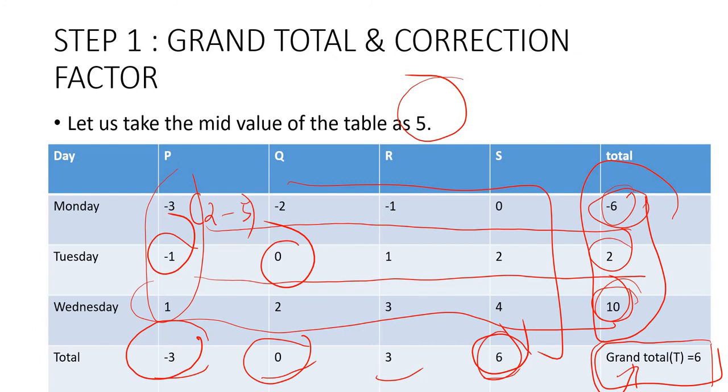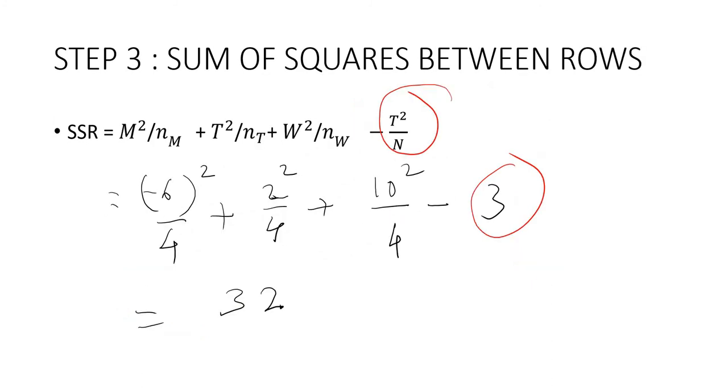In a day how many observations are coming? 1, 2, 3, 4. That's why Monday has 4 observations, and that's why we put 4. It is minus 6 square by 4, 2 square by 4, 10 square by 4. Correction factor is 3. So you will get 32.